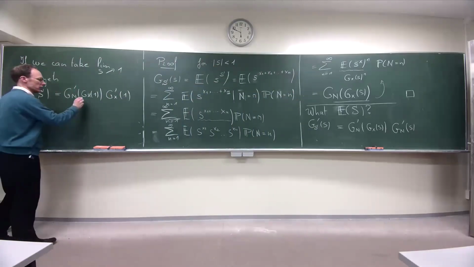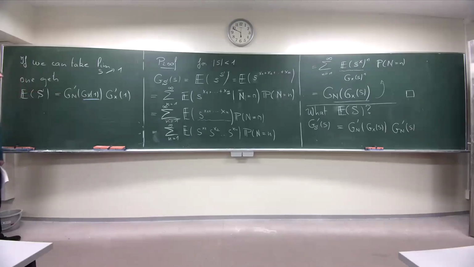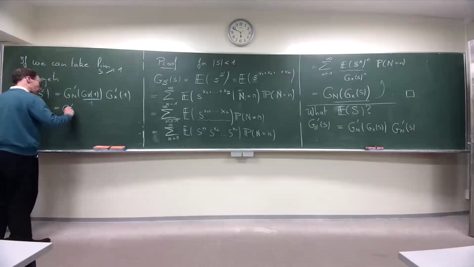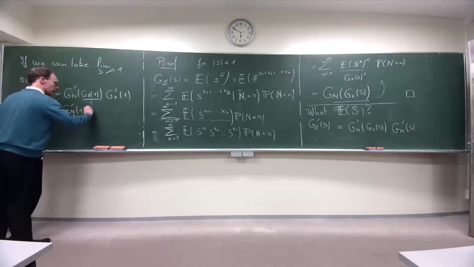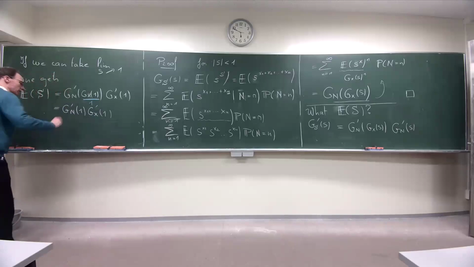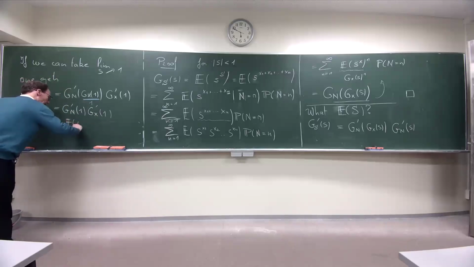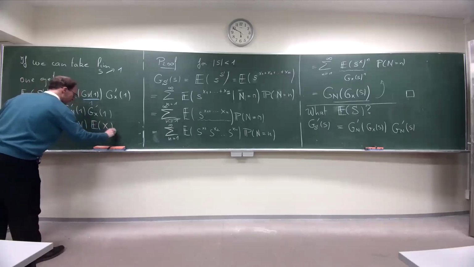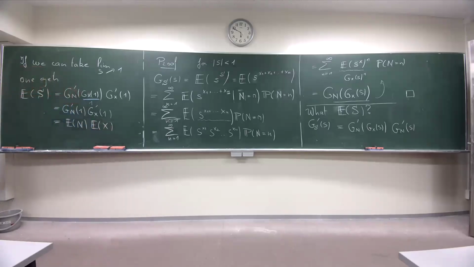And now you just need to remember what this is. This is 1. We have seen it last week. So it means this is g_N prime at 1 times g_X prime at 1. And by definition, this is the expectation of N times the expectation of X. So you get that the expectation of this random sum is a product of the two expectations.